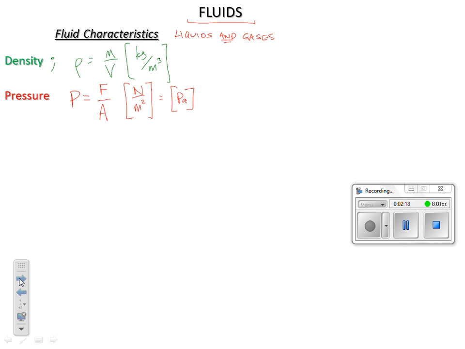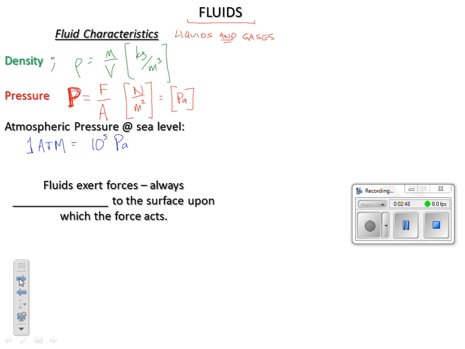But those are two big ones we need to be familiar with. Notice this is a capital P for pressure, and density uses our lowercase Greek rho. Atmospheric pressure, which we call 1 atmosphere, is equal to 10 to the 5th pascals. It's a number you'll be given, but it wouldn't kill you to have it at the back of your mind.